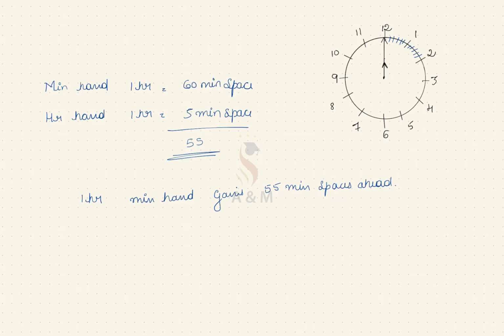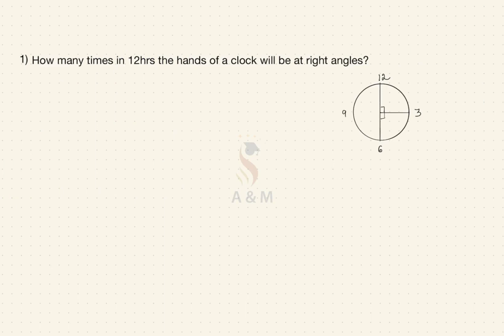For 1 hour, your minute hand gains 55 minute spaces ahead. Now let us look into a few problems.